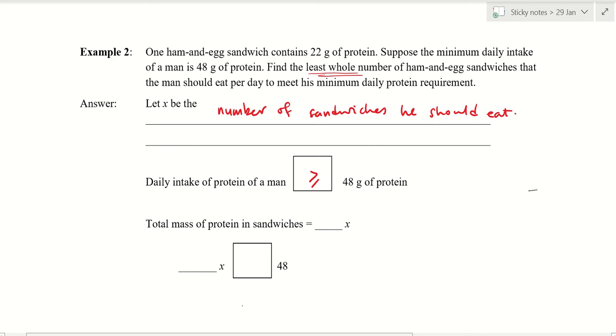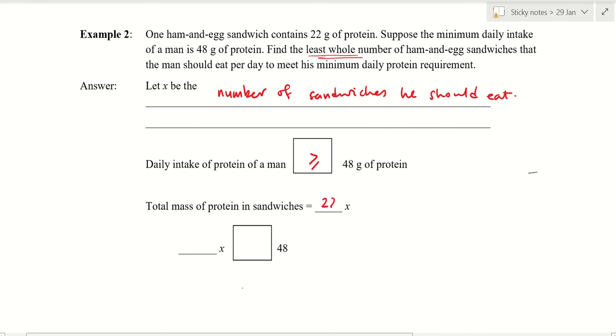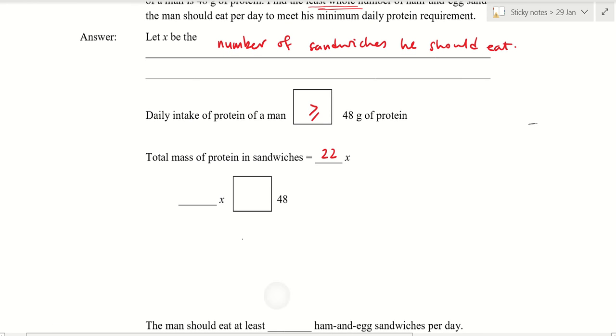The total mass of protein in the sandwiches will be 22 multiplied by x, because one sandwich contains 22 grams of protein. X number of sandwiches will contain 22x grams of protein. And we want this 22x to be greater than or equal to 48.